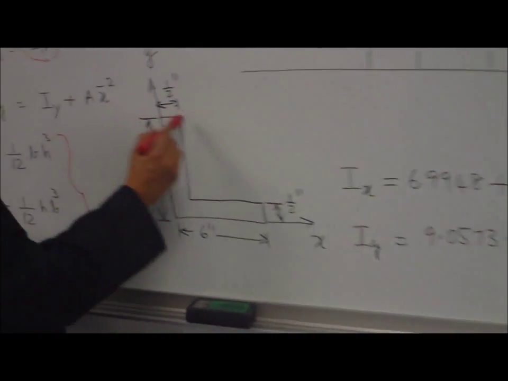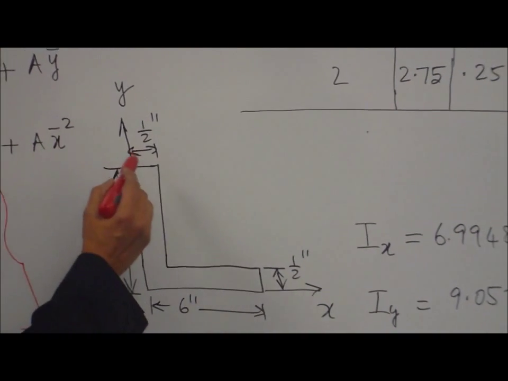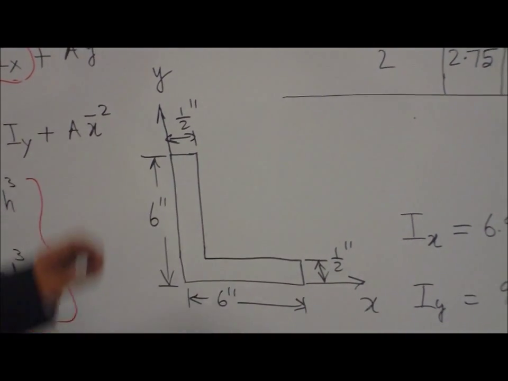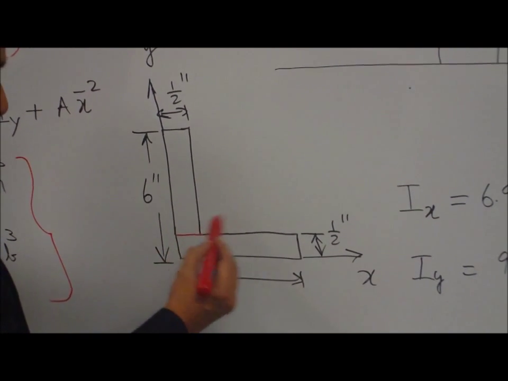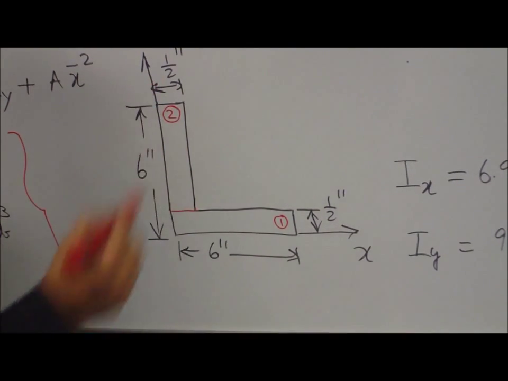Now let us take a simple example. The L shape has 6-inch width, 6-inch height, and half an inch thickness. Using the table method, we divide the shape into two elements, or two simple rectangles.